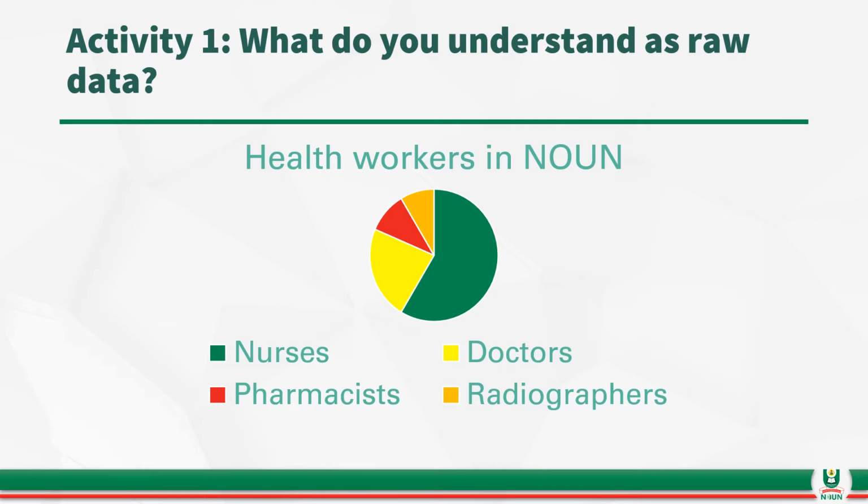On this chart, called a pie chart, you can see the percentages of each of the health workers, and the size on the pie chart, what they represent. We will come back to that so that you have an idea of what I'm talking about when we discuss raw data. So look at the next slide now and let's see.